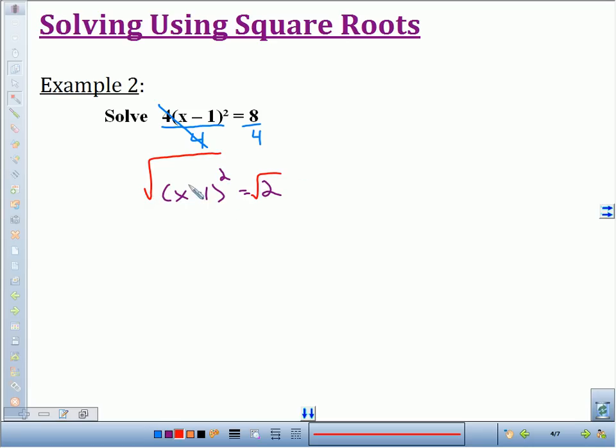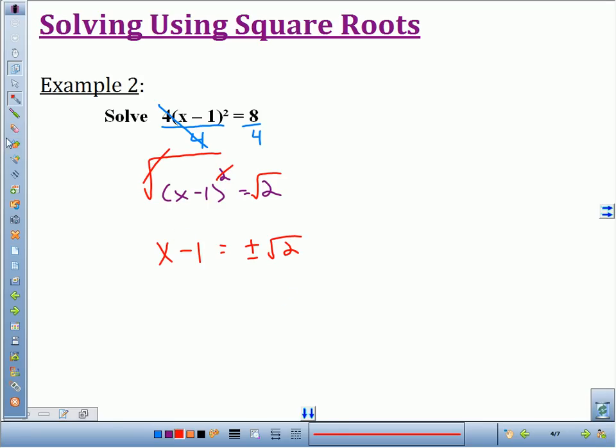I have the square root of x minus 1 squared cancels out the square term, and I'm just left with x minus 1. Now on the other side, I have the square root of 2. Well, I can't really simplify the square root of 2. We saw that when we were simplifying radicals. So instead, I just have plus or minus the square root of 2.